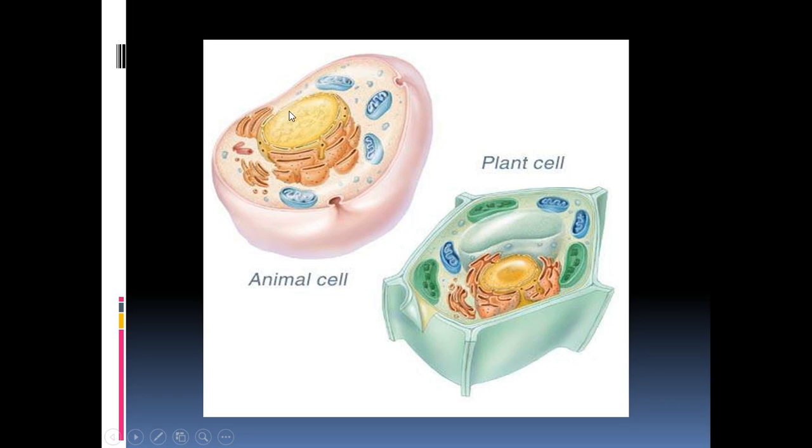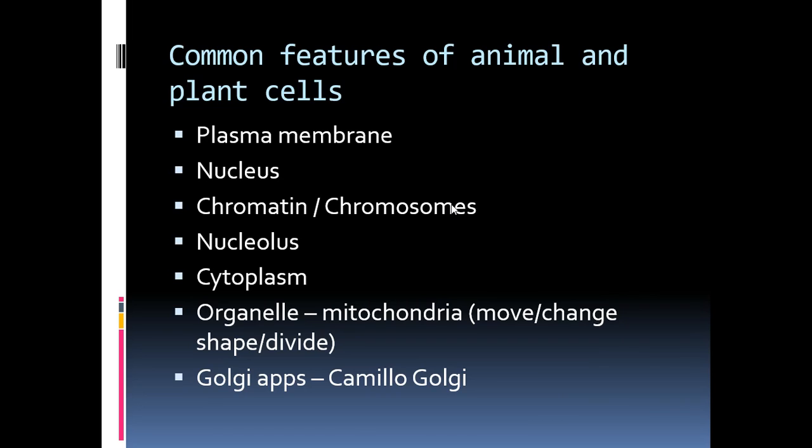And all of these organelles and structures will be discussed in further detail later on in this chapter. So this is the list of some common features of animal and plant cells that I was talking about just now.